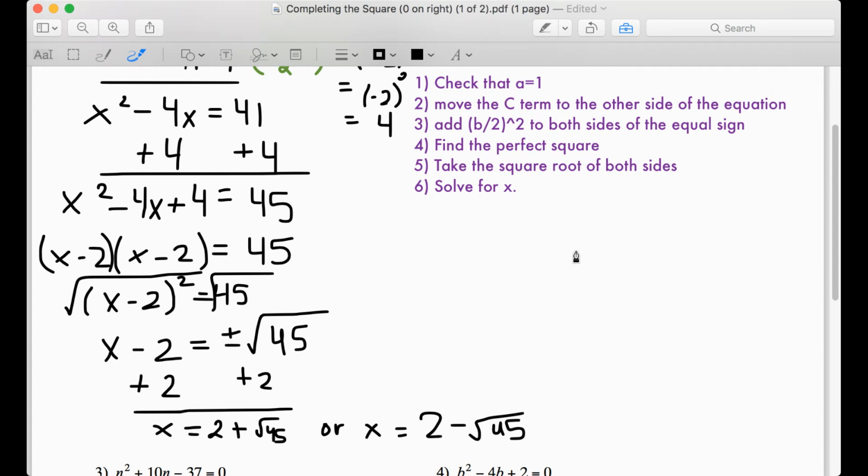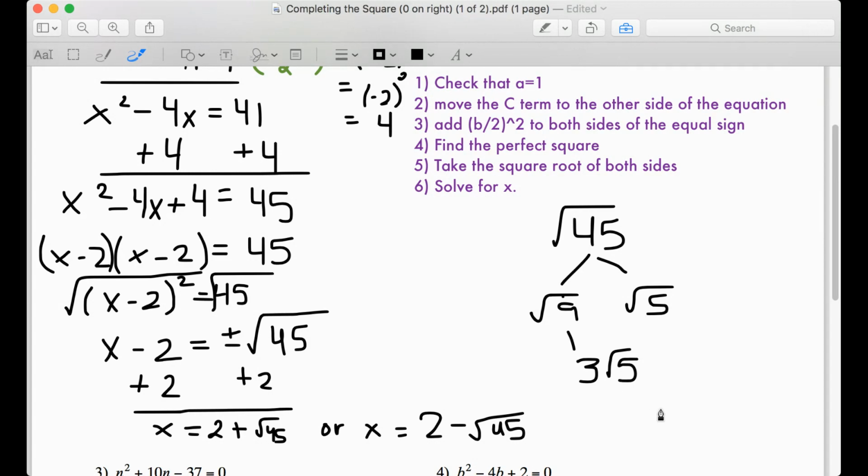To simplify radical 45, this is 9 times 5. Nine's a perfect square, so this becomes 3, and then 3 radical 5. So really this is 2 plus 3 radical 5, or 2 minus 3 radical 5.